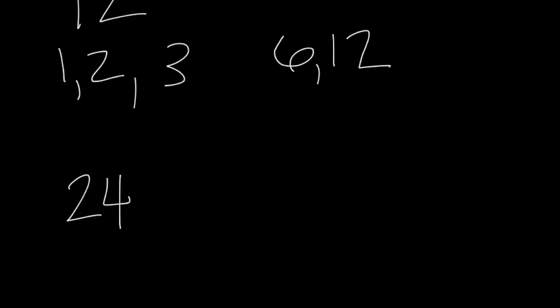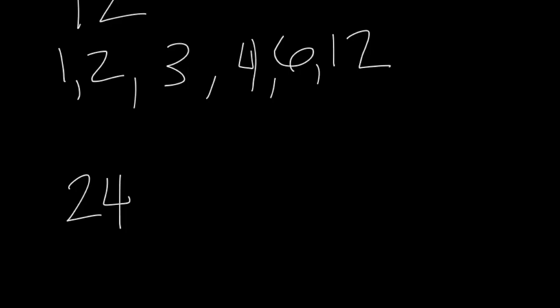I know that 1 and 12 multiplied together to get 12, so those are both factors. 2 and 6, and 3 and 4. So those are all my factors for 12.